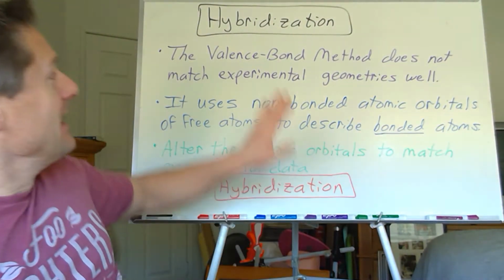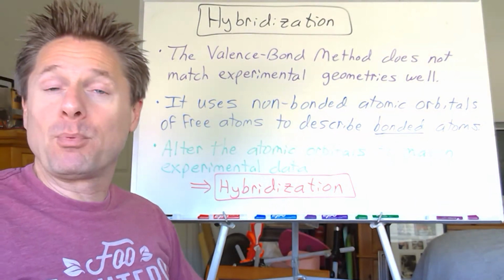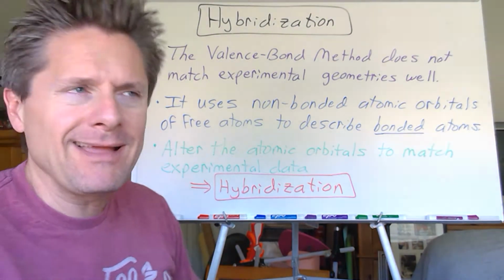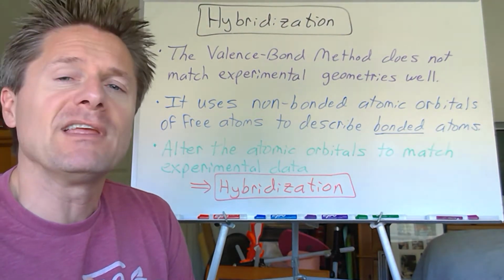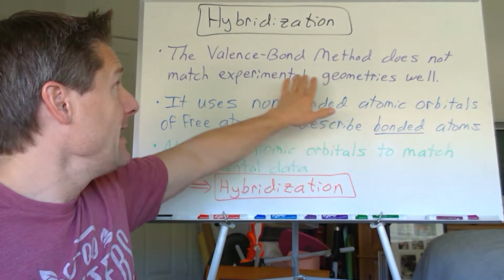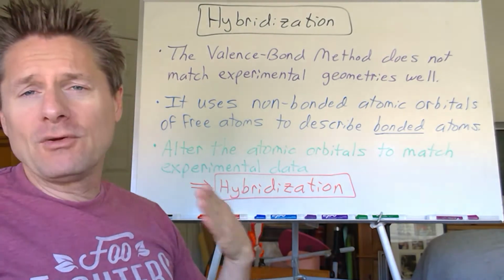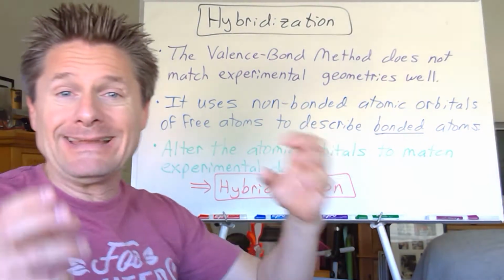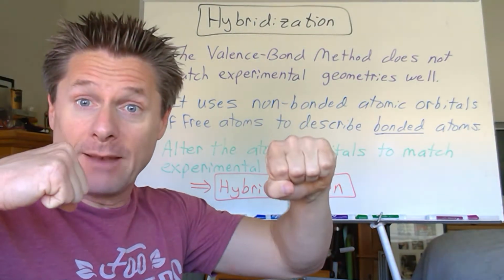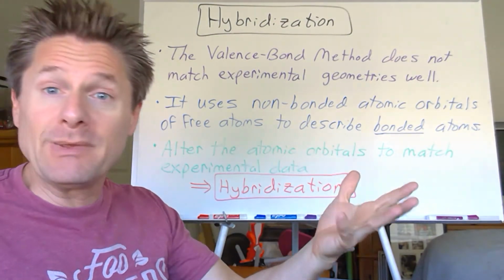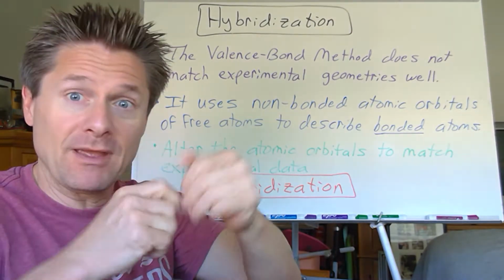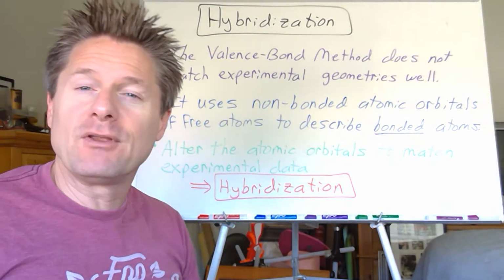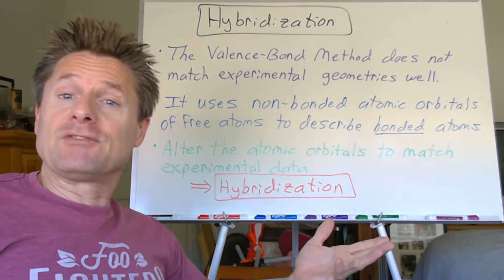So anyway, the valence bond method we saw didn't quite predict the proper bonding. For a couple of molecules, it'll predict the proper bond angles, pretty close, but for most of them it fails, all right? Well, let's think about why. What we're doing is taking non-bonded atomic orbitals of free atoms, the 1s or the 2pz, 2py, 2px, that kind of stuff, slamming them together, overlapping them, and you end up with these 90-degree bond angles if you're using p orbitals, etc., right?